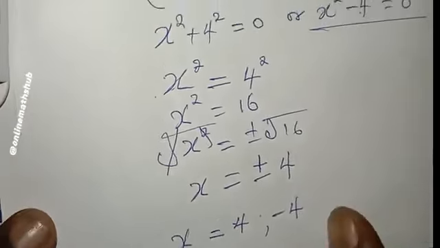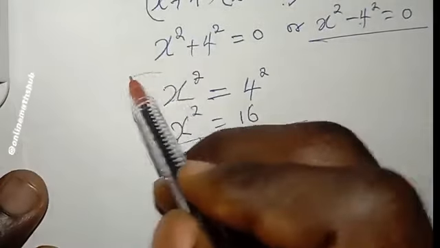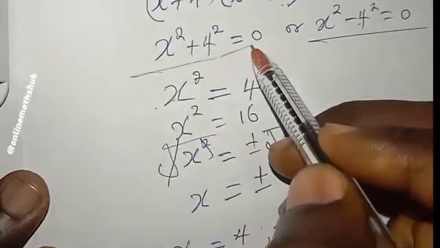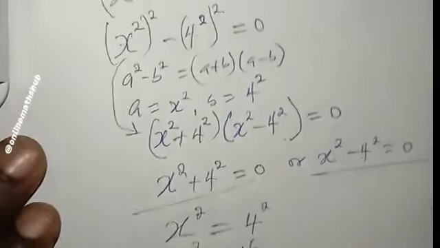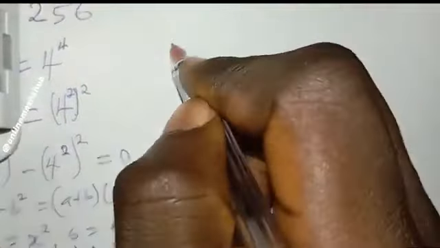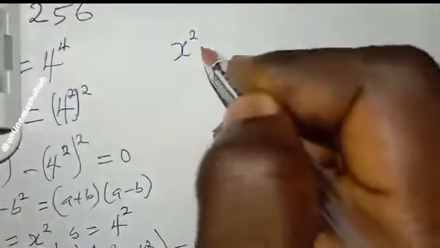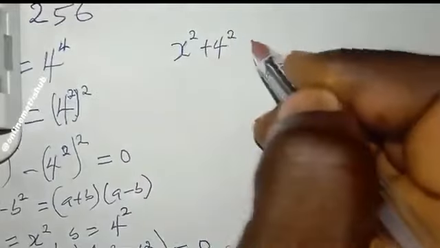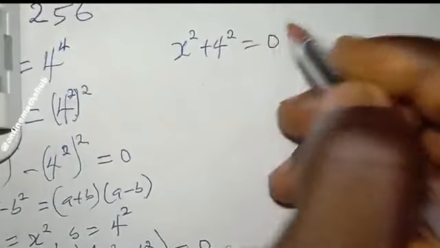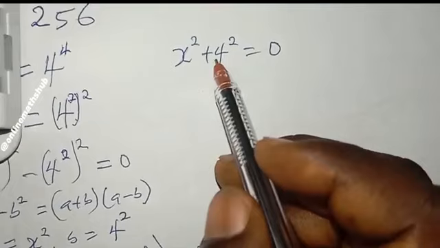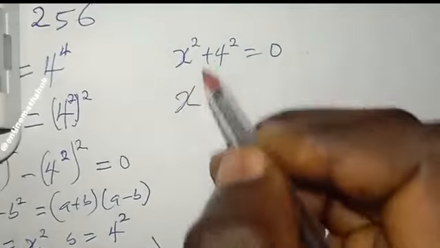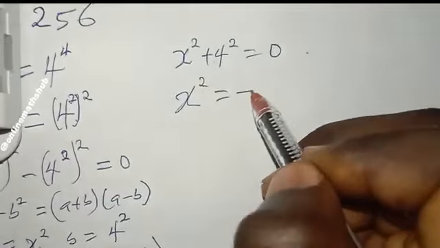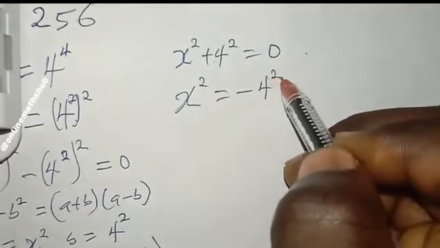So what we'll do next is to come over to this case and get the remaining values of x. Continuing here, what we have is x squared plus 4 squared is equal to 0. So if I push this to the right hand side, I'm going to have x squared is equal to negative 4 squared.